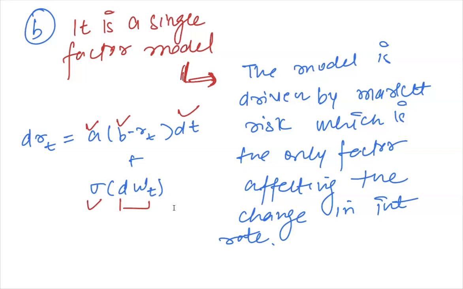That's why we say these models are single factor models. We always want models which have multiple factors, so that multiple factors can affect our interest rate. In this case, only a single factor is affecting our interest rate.